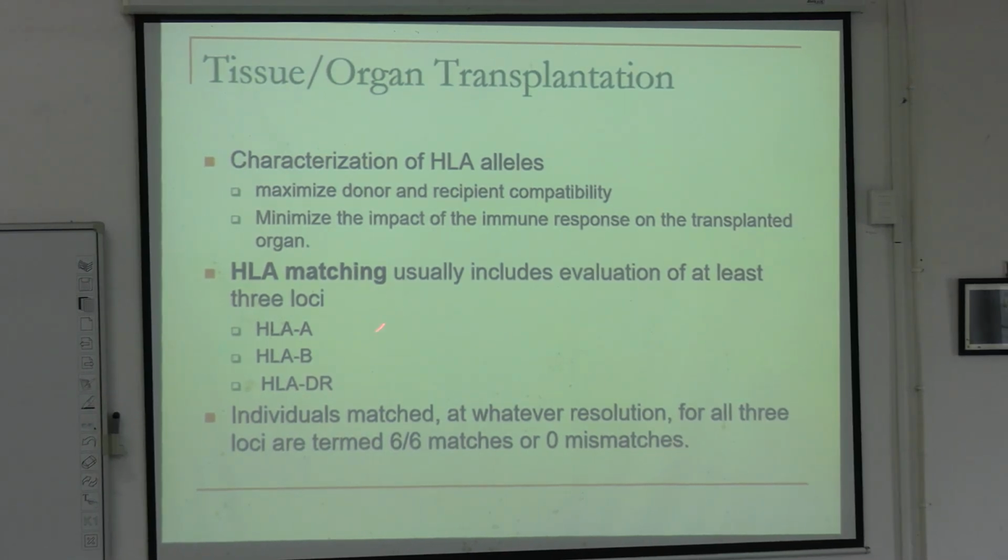We usually match HLA-A, HLA-B and HLA-DR. Individuals who are matched at whatever resolution for all three loci are termed 6 by 6. That means if all three match between recipient and donor, then it is a 6 by 6 match. Okay.